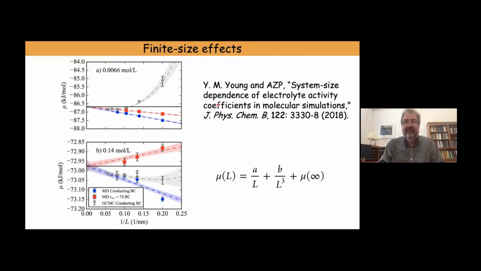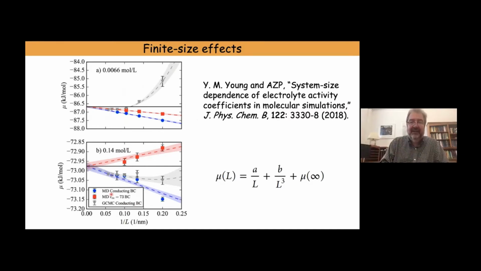Jeffrey studied this extensively, and it shows on the left side a couple of typical results for the chemical potential as a function of concentration, as a function of box length, 1 over L, with three slightly different ways to do the boundary conditions for the Ewald summations at infinite dilution.